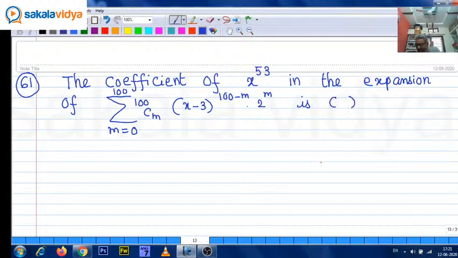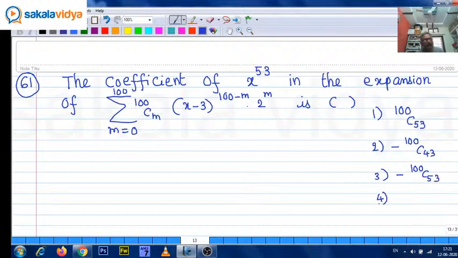This is the question. First option 100C53. Second option minus 100C43. Third one minus 100C53. Fourth option is 100C50.